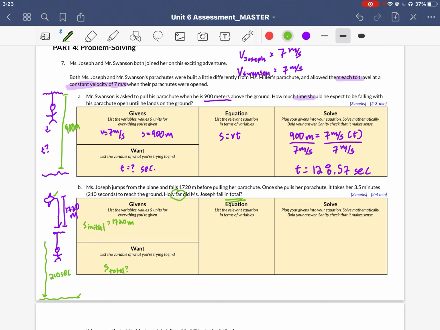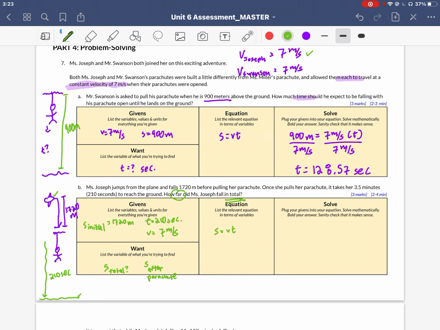In order to find that, I'm going to have to find the displacement after the parachute. And my time, I'm going to use the 210 because I need to put it in SI units. And my velocity from before was 7 meters per second.